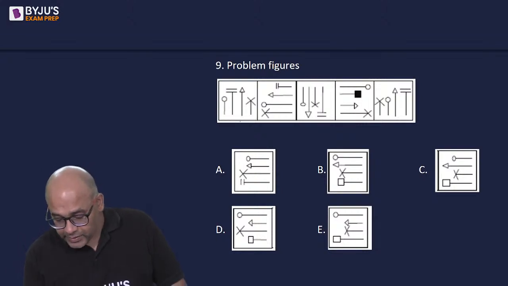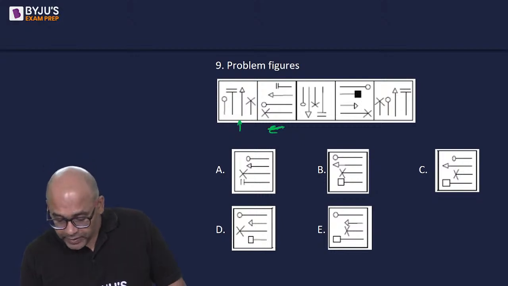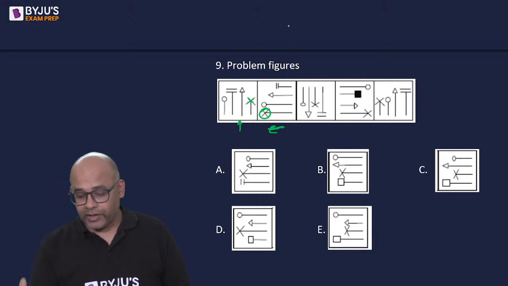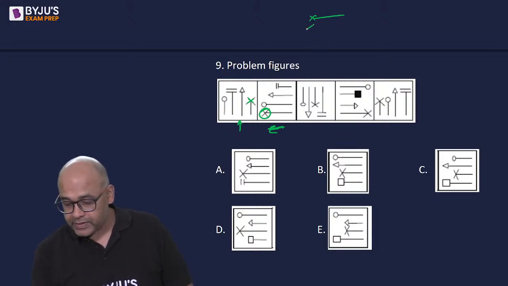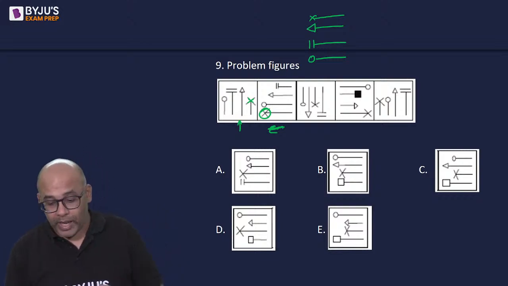So when this moved from top to left, what happened here? This came here. Ideally, when you just rotate it, you're supposed to get this at the top, then this arrow here, then this thing here. But is that the pattern? No. What happened?